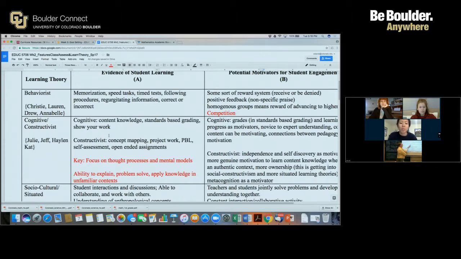I think one of the keys when you consider the difference between the behaviorist and the cognitive constructivist perspective is it's focused now on the thought processes. How did you get there? How did you get to that result?